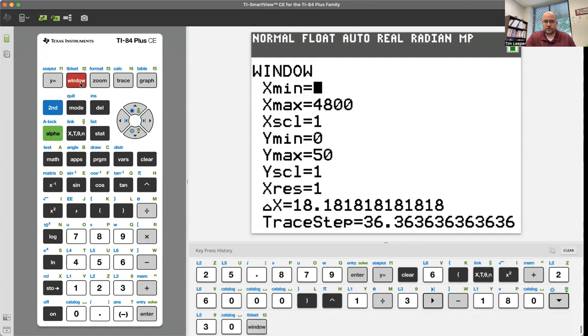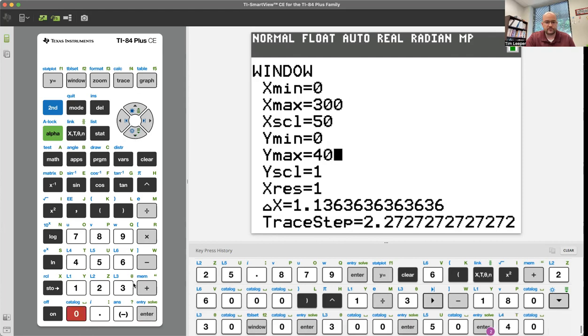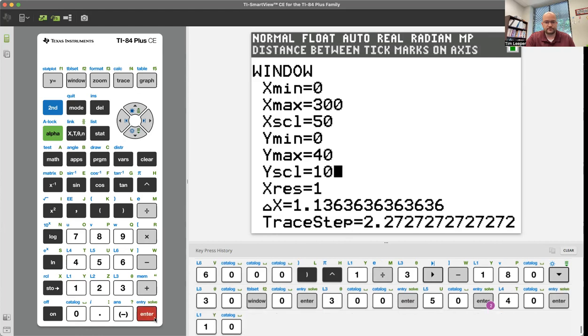On my window, I'm going to do x from 0 to, well, at 120 it was only 25.89, so let's make the x maximum 300, and go by 50s. Y minimum will be 0. Y maximum, we have to be at least at 30, so I'm going to make that 40, and go by 10s.